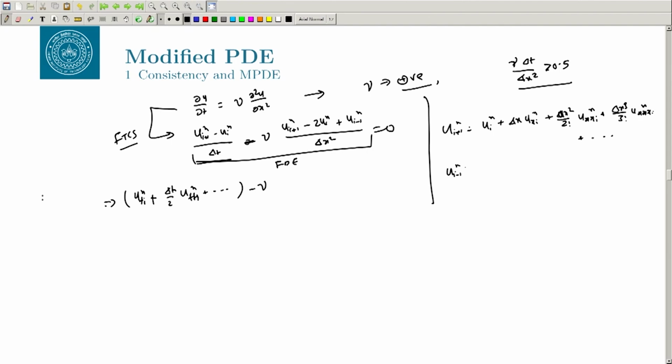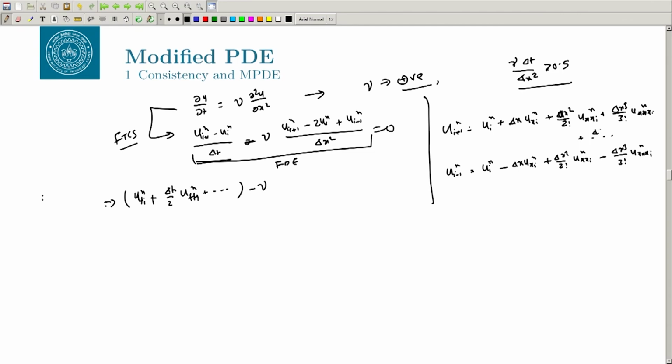And ui minus 1 n will be ui n minus delta x ux at i n plus delta x square by factorial 2 uxx at i n minus delta x cube by factorial 3 uxxx at i n.